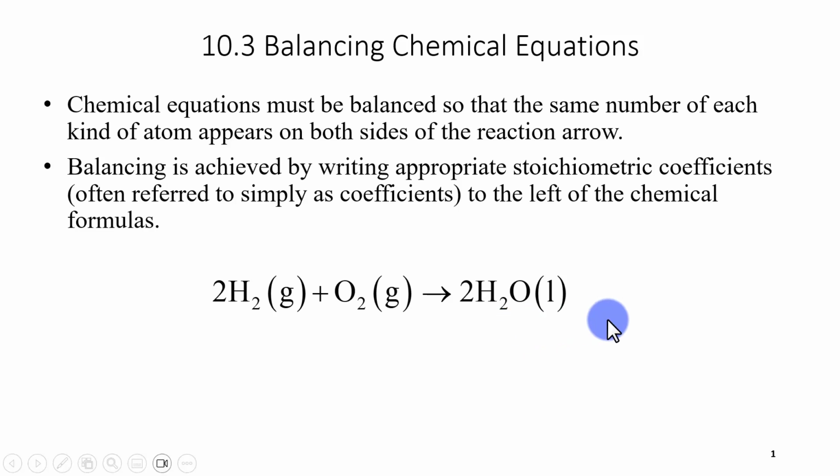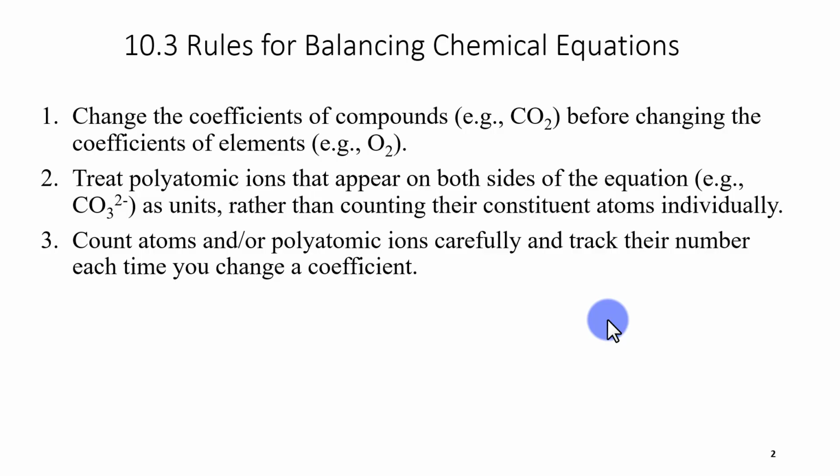Let's take a look at an unbalanced one. First, let's mention a few rules on how to go about it, and then we'll practice one example. When we start, it is easier to change the coefficients of compounds first before you change elements. So if I have CO2 and oxygen on the left-hand side as reactants, start with CO2 first.